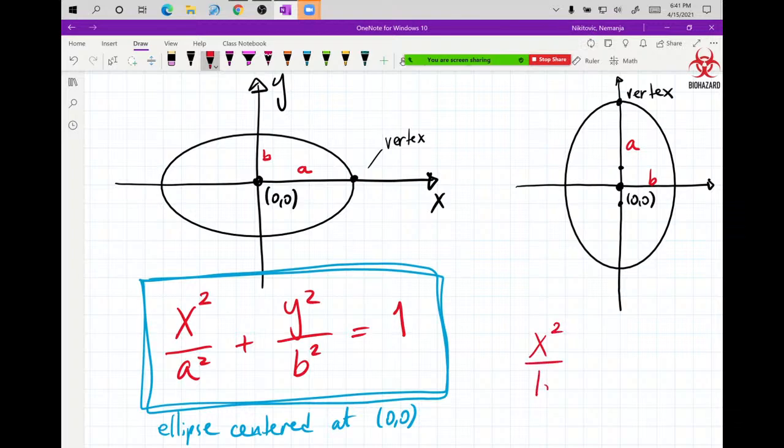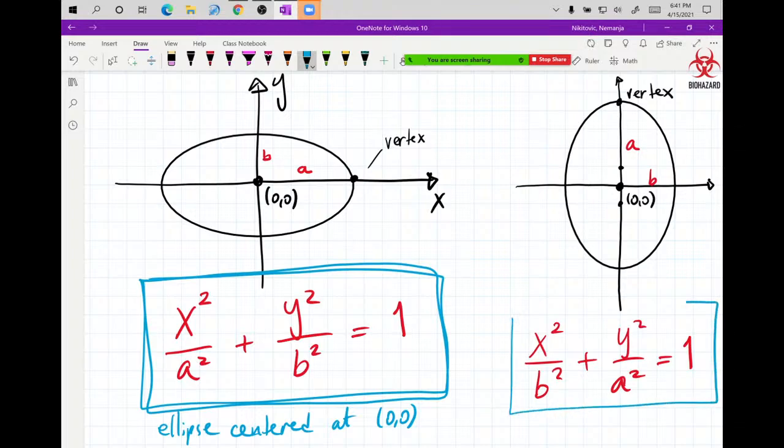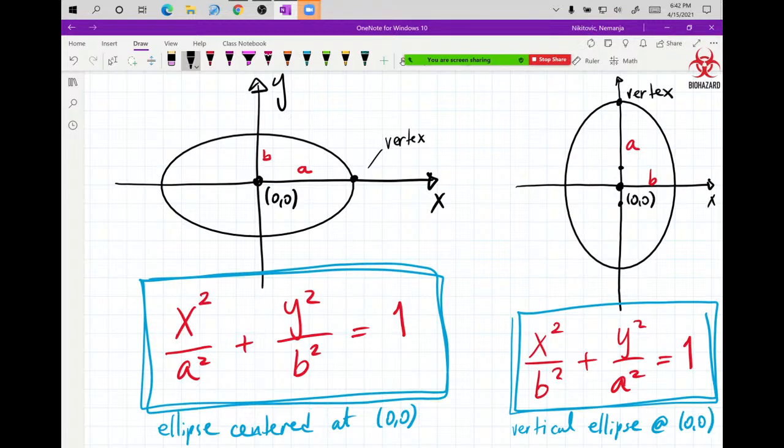X squared over B squared plus Y squared over A squared is equal to 1. So this would be the vertical ellipse centered at 0, 0. And there we go.